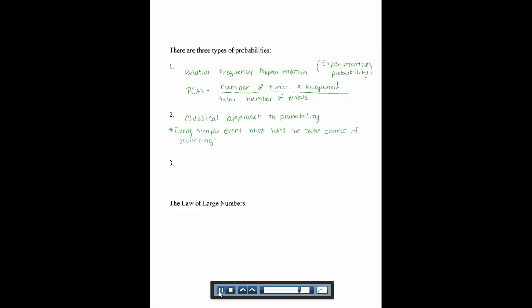And if that's the case, to find the probability of event A, we would take the number of ways A can occur and we would divide it by the number of different simple events.